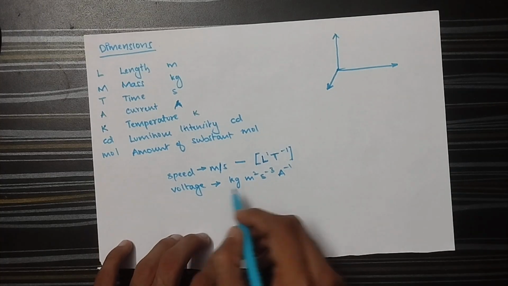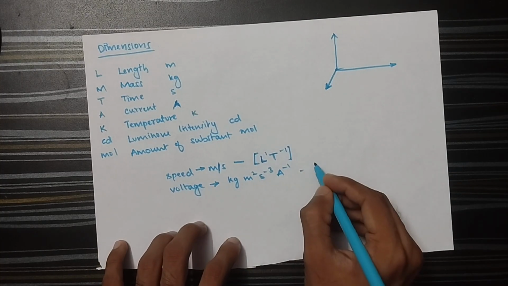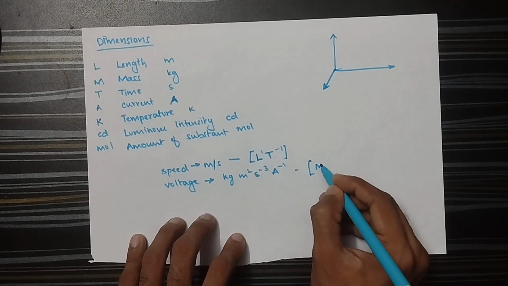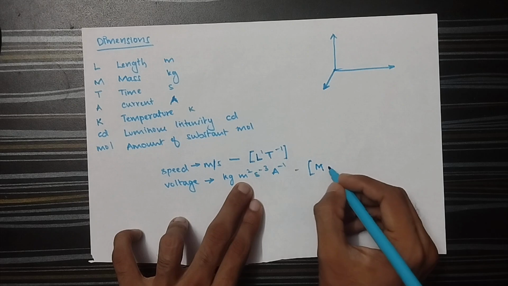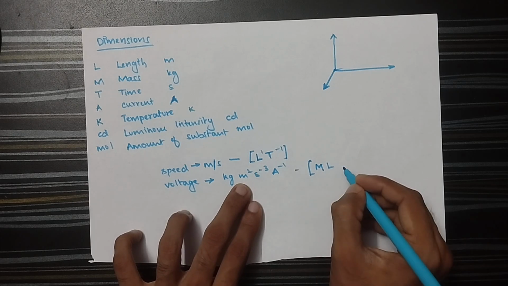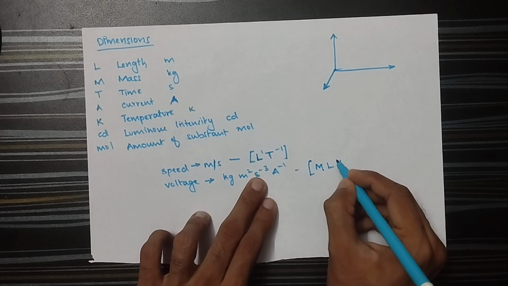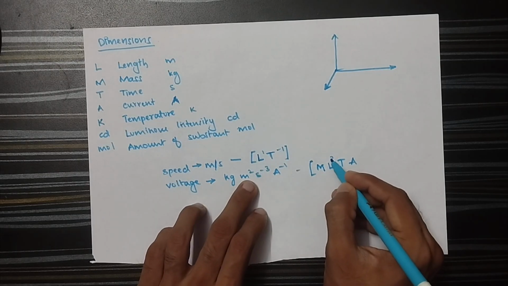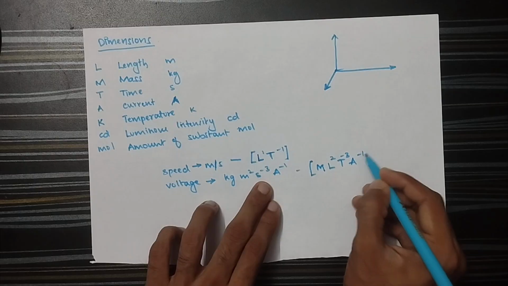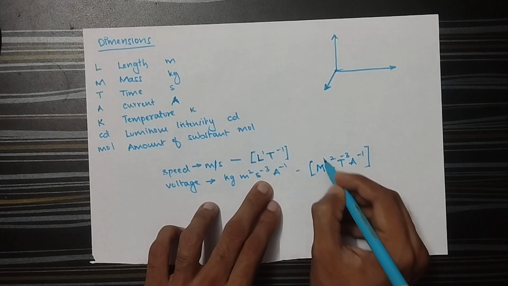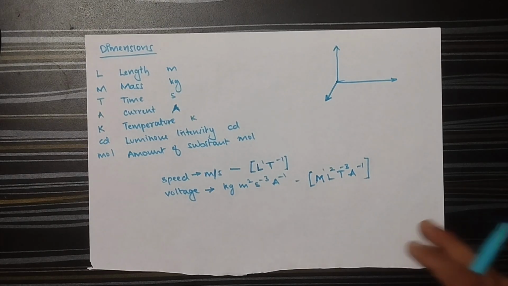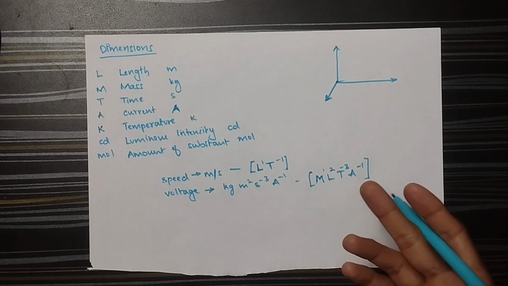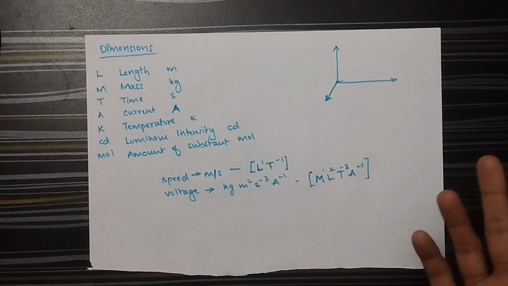So this is the actual unit of voltage, and if we represent this as dimensions, we can see it's dependent on mass, M, meter square, so L, time T, and A is current, and we raise them to 1, 2, -3 and -1 respectively. So we see voltage is dependent on mass, length, time, and current passing through the material.